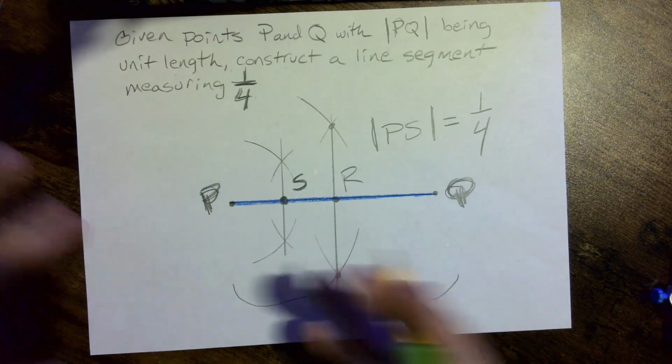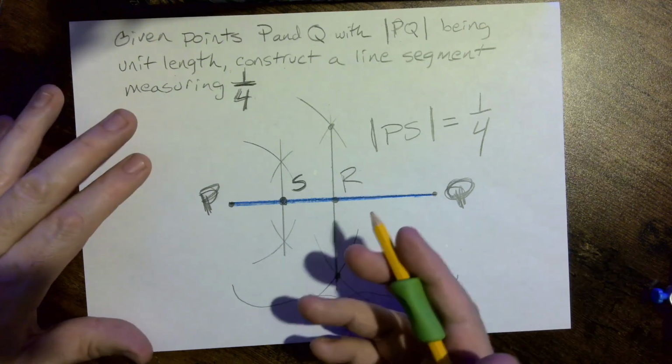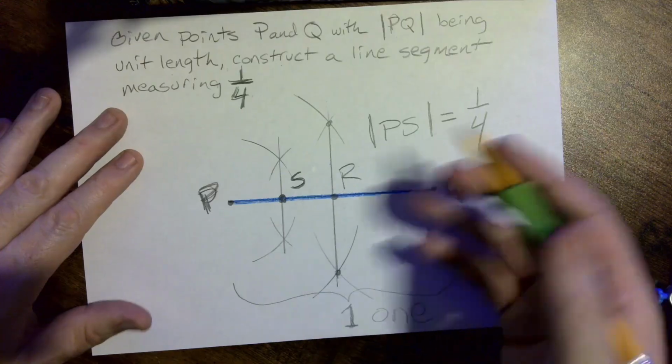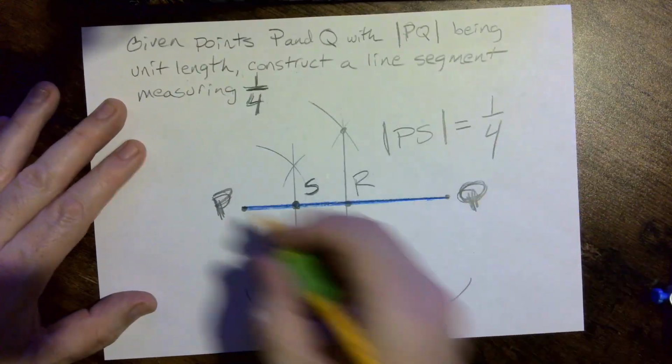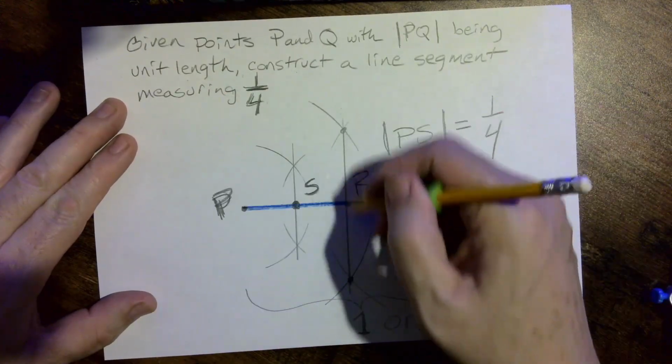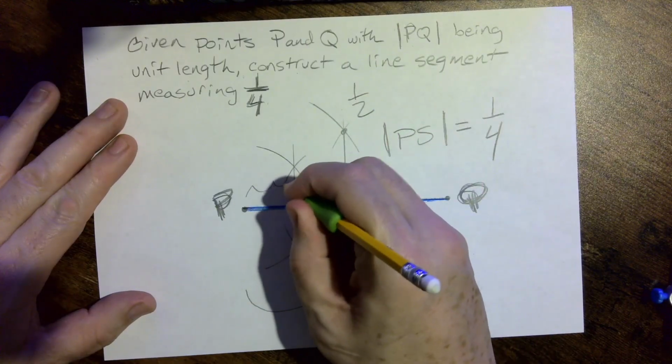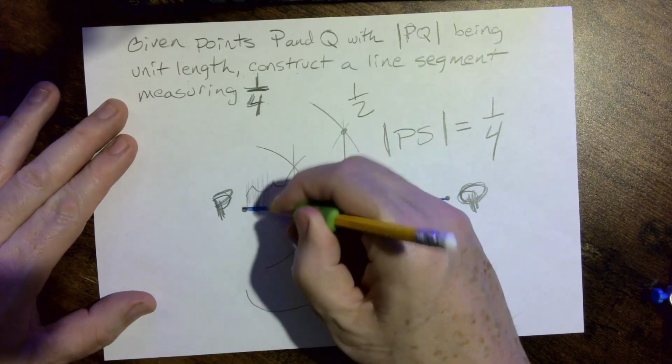Now, I think you can see that using these perpendicular bisectors, this method, we could get a line segment that's, well, here's 1/2. This is 1/4, right? That's right here.